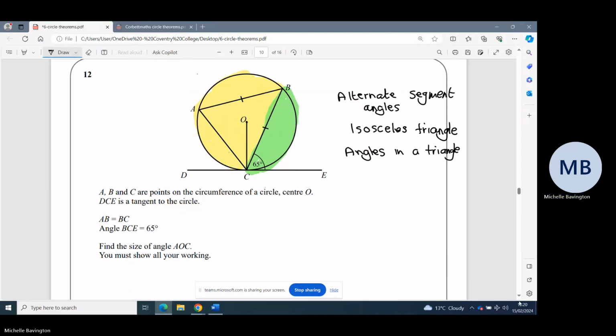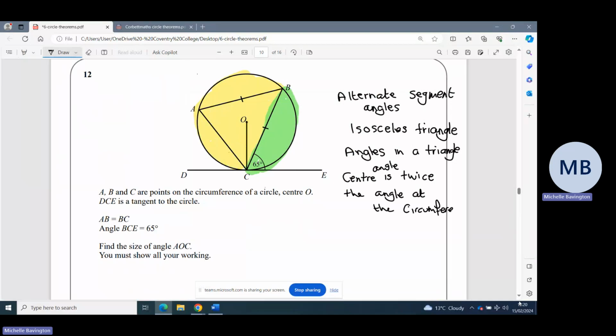And I think you might need center angle is twice the angle at the circumference.